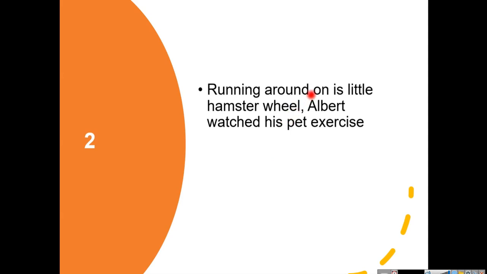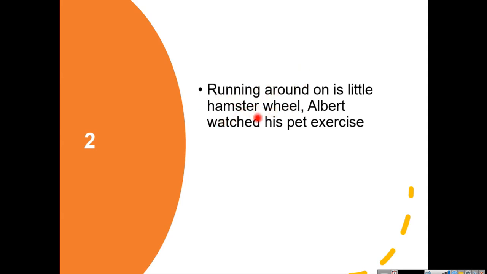So probably Albert is not a pet because Albert has a pet. Is it the pet that is running around? Exactly. So the pet is supposedly running around on his little hamster wheel.